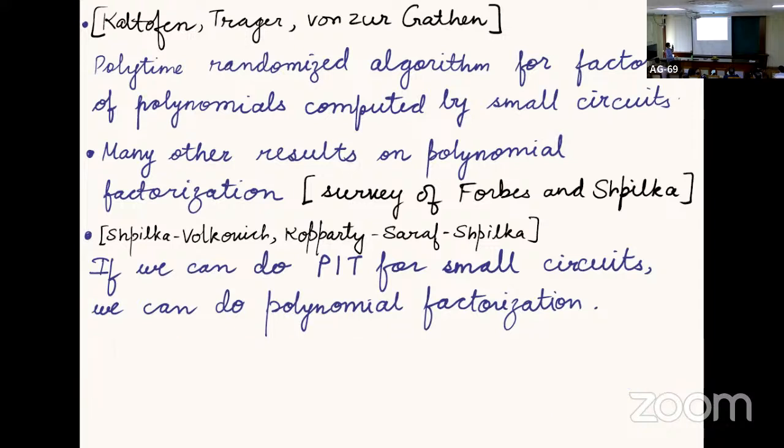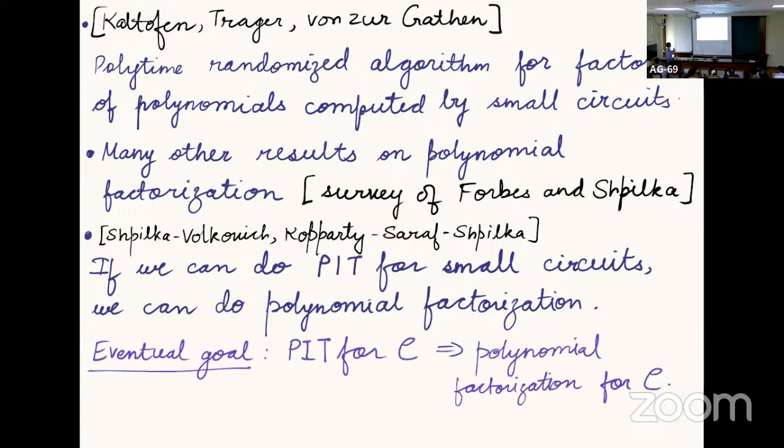The result of Kopparty, Saraf, Shpilka tells us that even if you want to do polynomial factorization for very simple circuits, you might need to do PIT for general polynomial size arithmetic circuits. One goal for this line of work is a fine-grained connection: if you can do PIT for a specific class C, then you want to be able to do polynomial factorization for the same class C. Any questions?